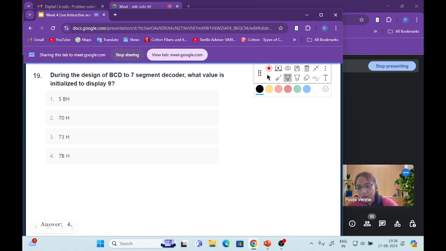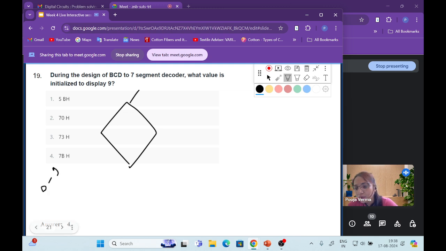So let's first see the block diagram of BCD to 7 segment display decoder. So BCD, how many bits are represented in the BCD? It is represented by 0 to 9.